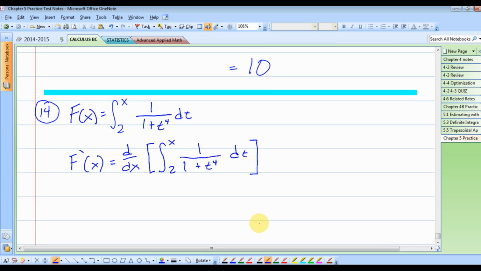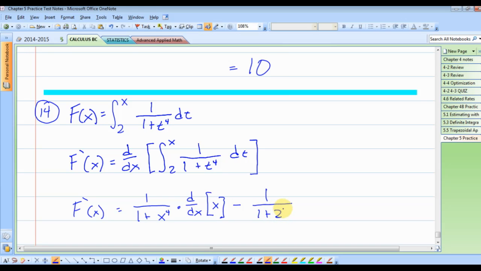Please write it down. To find the derivative of the integral, you're going to substitute the upper limit, multiply by the derivative of the upper limit, minus, you're going to substitute the lower limit.